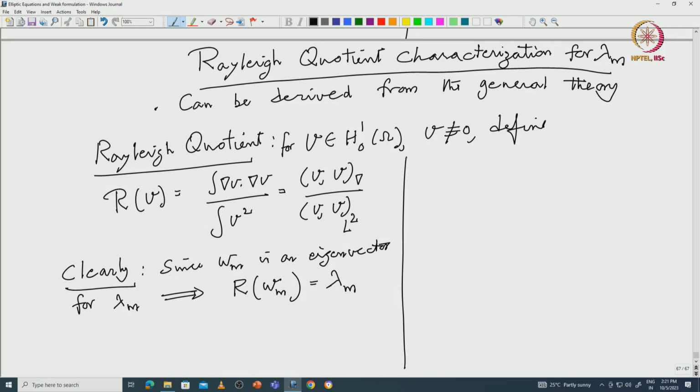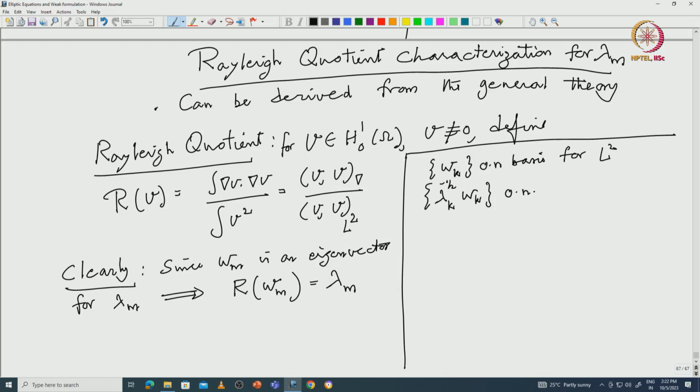I want to tell you something more, something interesting here. So you see, you have Wk, recall that it is an orthonormal basis for L2 and lambda k power minus half Wk is an orthonormal basis for H1 naught. So I can look for a Fourier expansion.